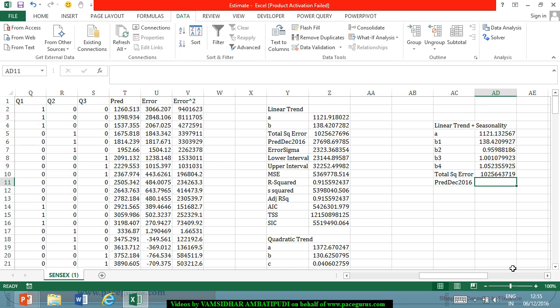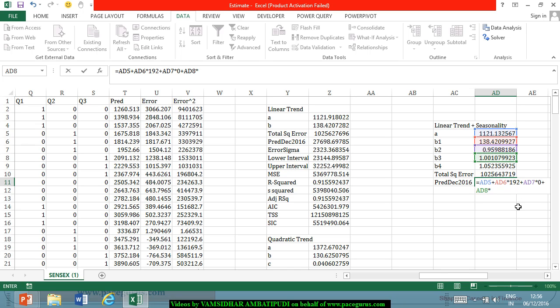I'm going ahead with the predicted value for December 2016, which comes out as A plus B1 times the time. Time is 192, plus B2 times, now this is not the first quarter, so I'm multiplying it with 0.